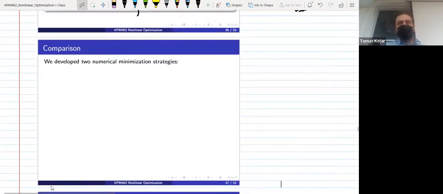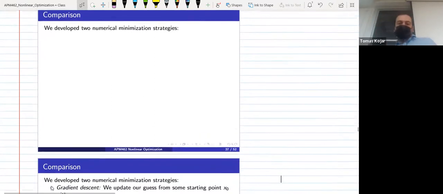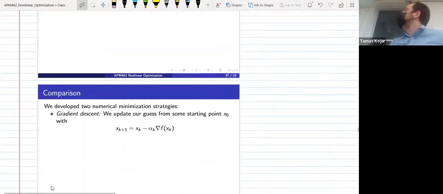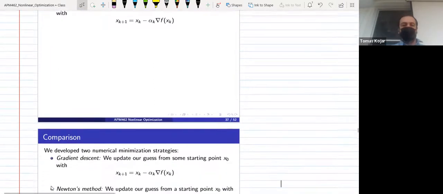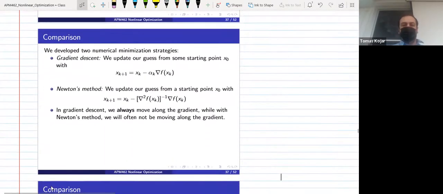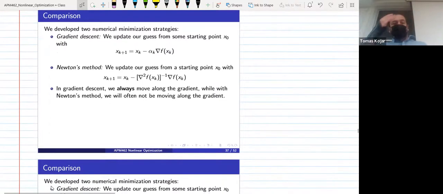Convergence will come later. So yes, we have two methods, gradient descent and Newton's method. And let's compare them.